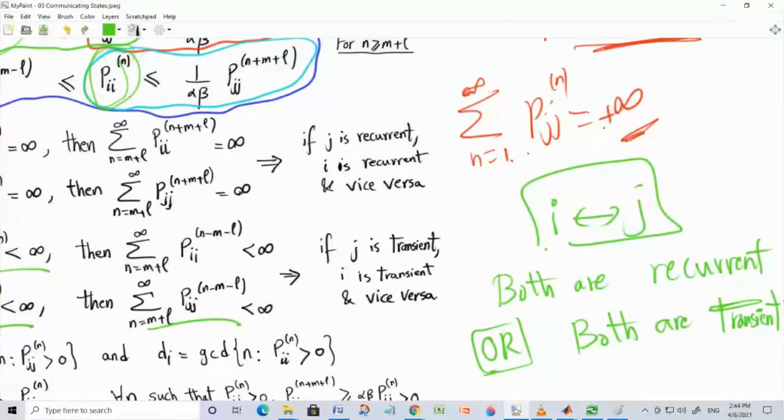So communicating states appear to share the same type.